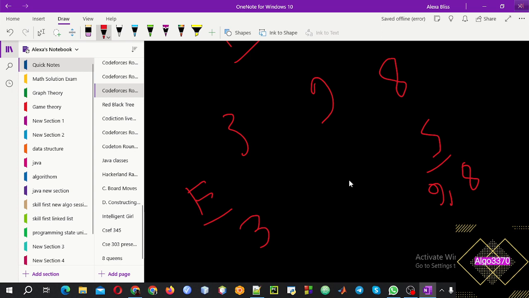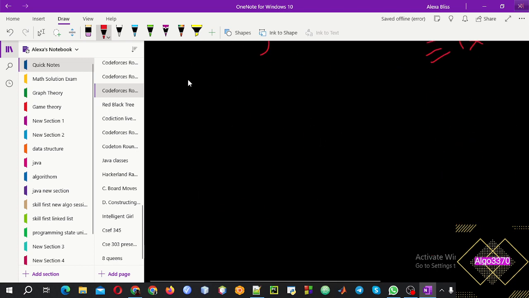That is 3, which is odd. And the summation here is 9 plus 8, 17, which is also odd. That means the first portion parity is odd and the second portion parity is odd. That satisfies our condition, both sides have the same parity. So here our answer is yes.